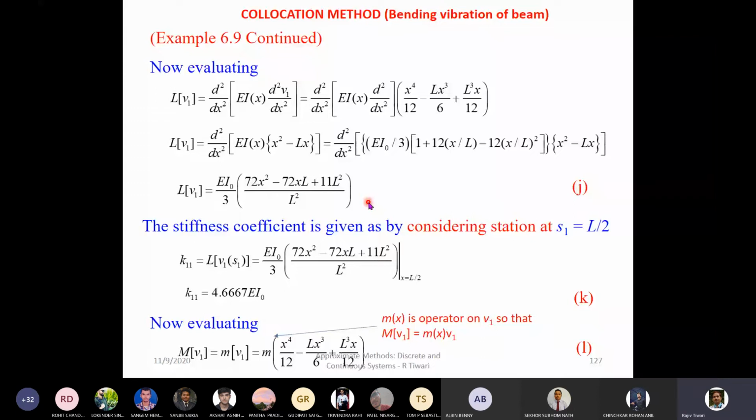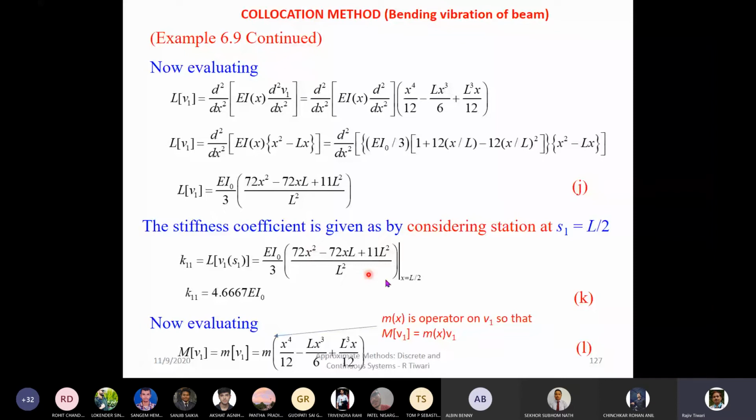But here, for obtaining the stiffness coefficient, we are not integrating; we are choosing one station. Let us say we choose the mid span of the beam, so S1 is L by 2. So K11 is L operated on this, but wherever x is there, we substitute L by 2. As simple as that.